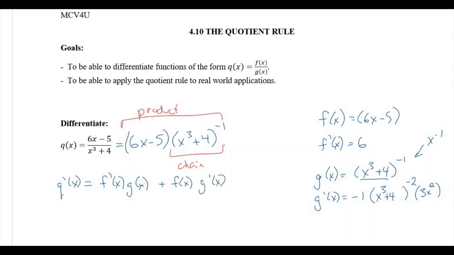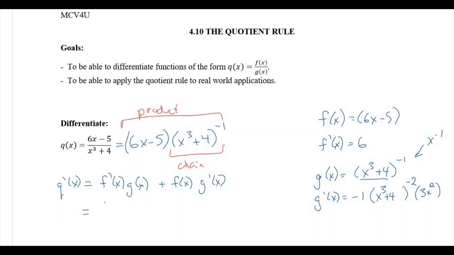And yes, I know that over the course of the last few lessons that rule has changed a little bit, but the basic principle stays the same. You take each function and multiply it by the derivative of the other function in our product, and then we add them together. Doesn't matter which way we add them or multiply, as long as we do those two things. If we multiply each function by its derivative and add the two products together, it should all work out. So let's fill in all this information.